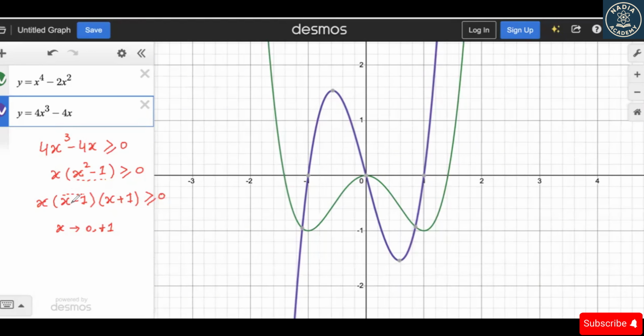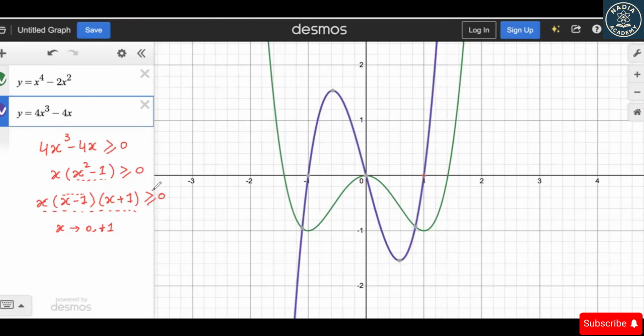So until x is positive and smaller than 1, this product of three factors gives us a negative value, so the inequality would not be satisfied. This means that x from 0 to positive 1 is not an increasing function, it is a decreasing function.